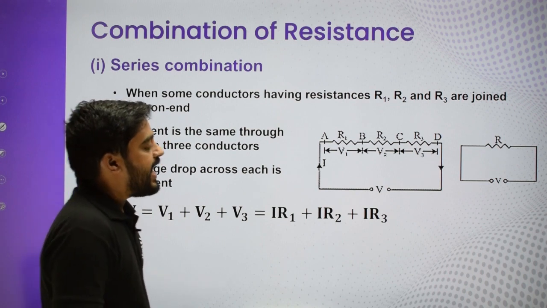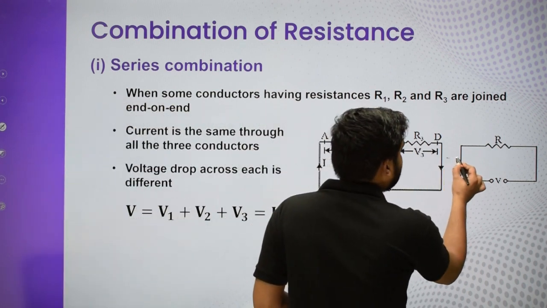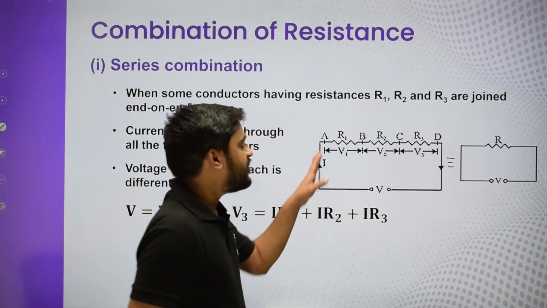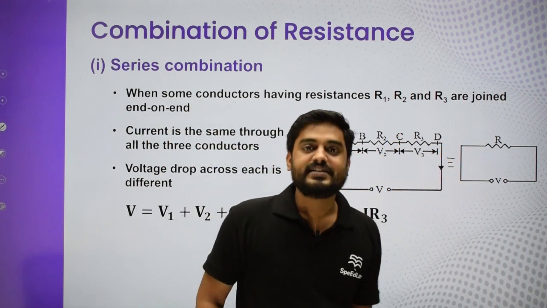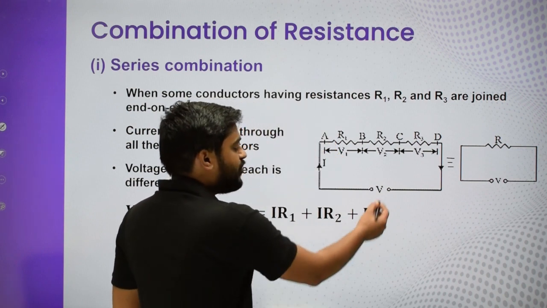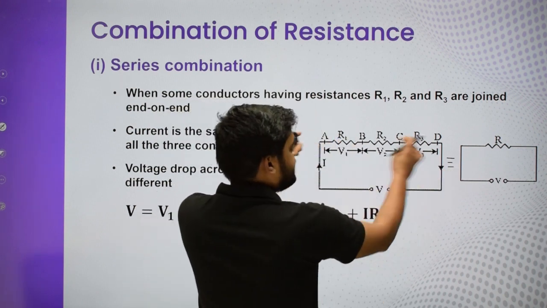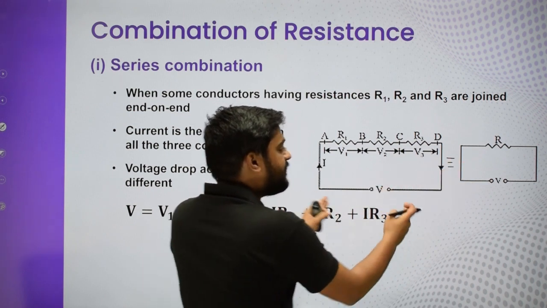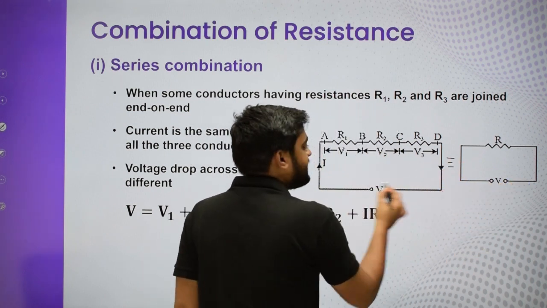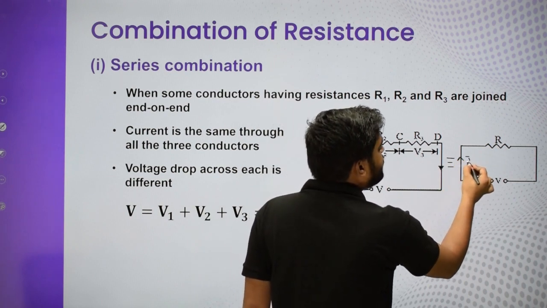Now let the combination of these three resistors R1, R2 and R3 be equivalent to just a single resistance, R. The same voltage is applied across this entire combination, that is V, which is V1 plus V2 plus V3, and let the same amount of current I also flow through it.